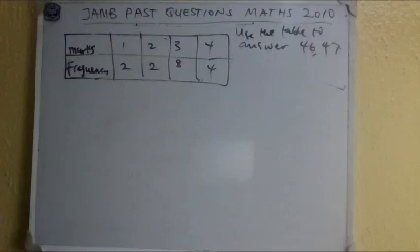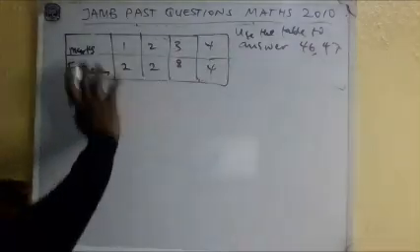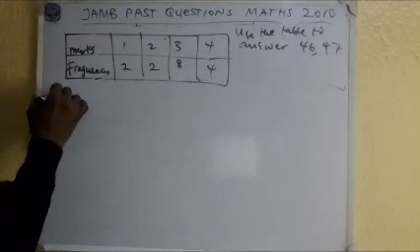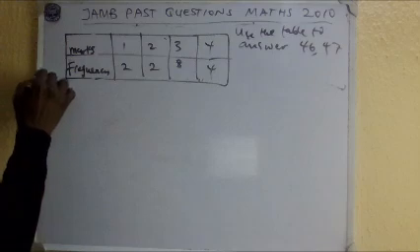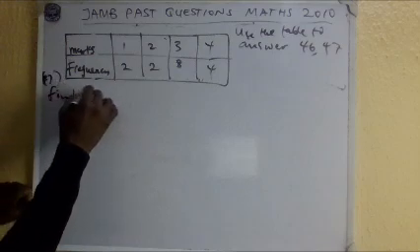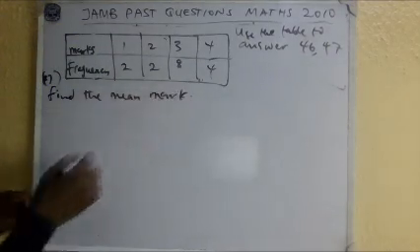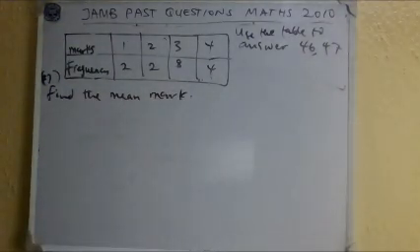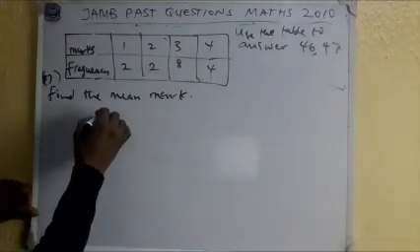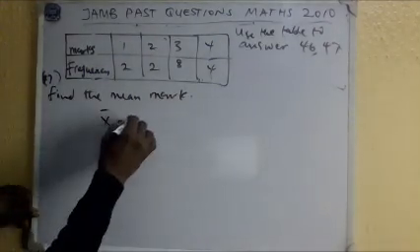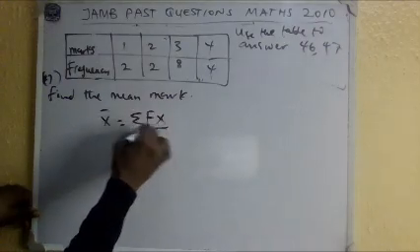But 47 says, find the mean mark. So from this distribution, I can find the mean mark. Mean is average. And for a table that has frequency, the mean is represented like this: equals sigma fx over sigma f.